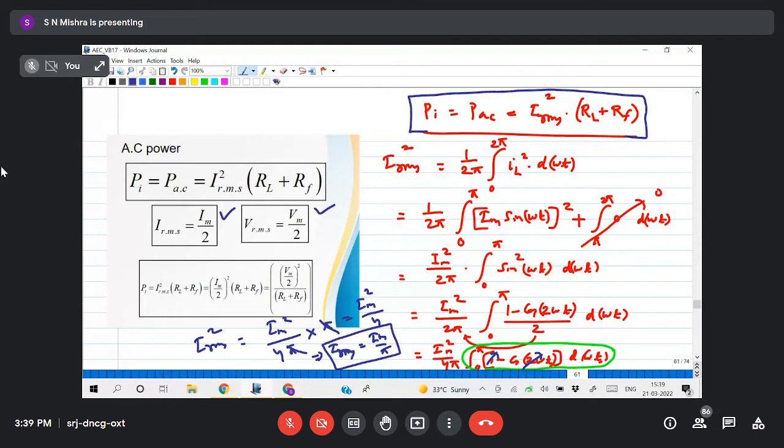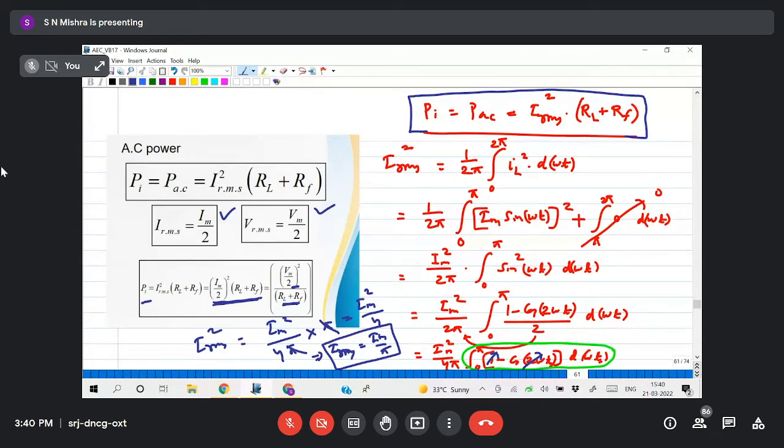If you put it here, you get Im square by 4, or Im by 2 whole square, into RL plus RF, or Vm by 2 whole square divided by RL plus RF. This is your input power.